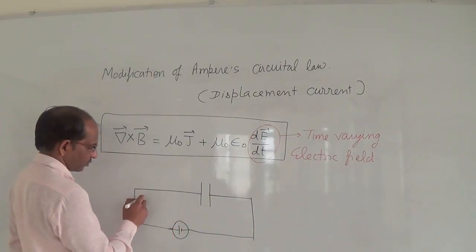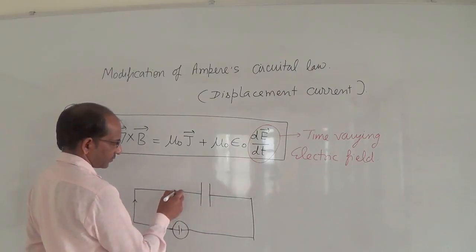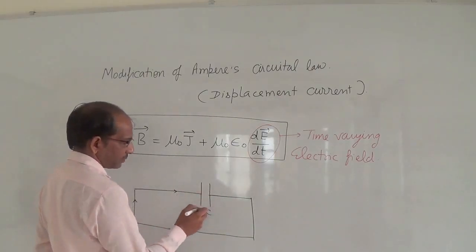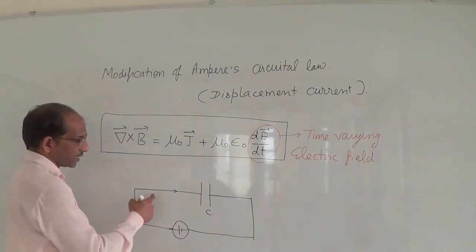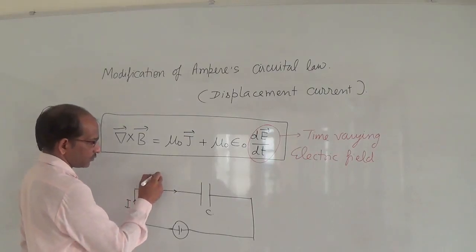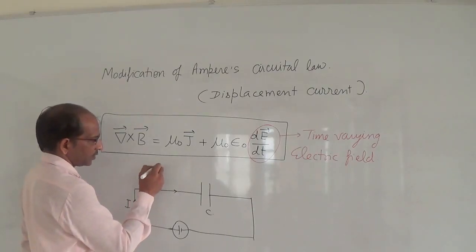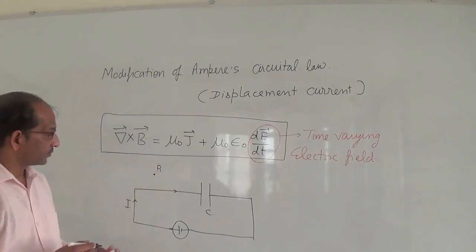So current flows from this side to that, and we know that a capacitor blocks the current. So current is available here, and suppose further I have to find out the magnetic field at this particular point P1 because of this current.